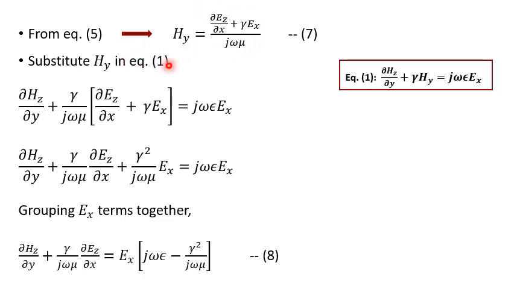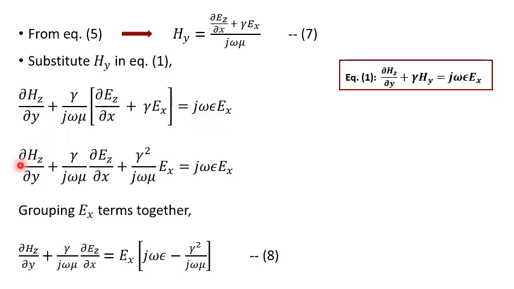Now substituting this expression of Hy in equation 1. We know that equation 1 is dou Hz by dou y plus gamma Hy is equal to j omega epsilon Ex. In this equation, if you substitute this Hy, you will get dou Hz by dou y plus gamma by j omega mu into dou Ez by dou x plus gamma Ex is equal to j omega epsilon into Ex.